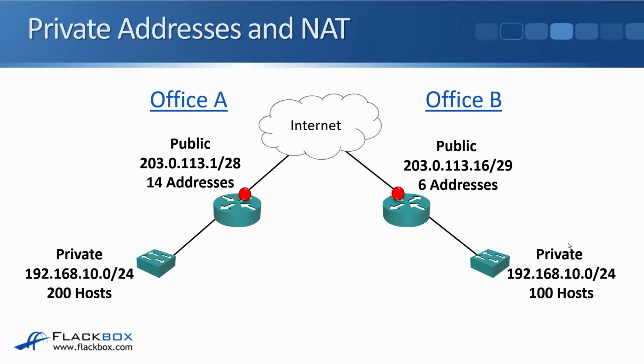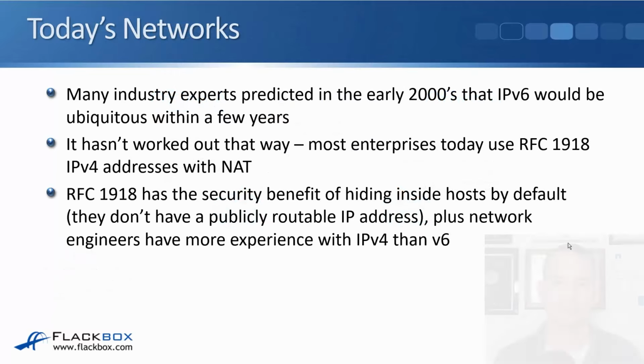Your public IP addresses cost money, so it's good that we don't need to pay for a public IP address for every host on the inside. Also, that wouldn't work anyway because of the lack of IPv4 addresses. So NAT solves that because we can use those private addresses on the inside, and they can share the same public IP addresses on the outside.